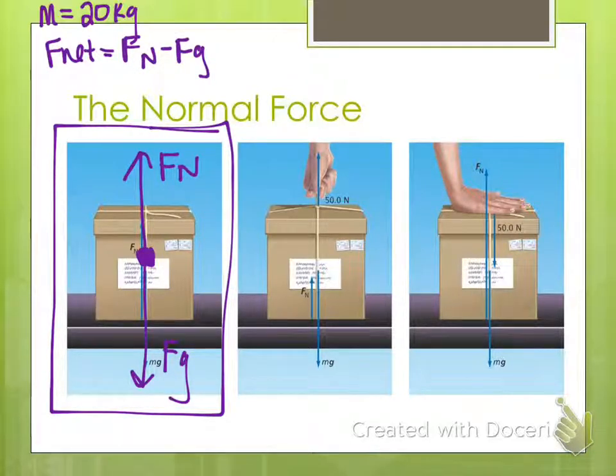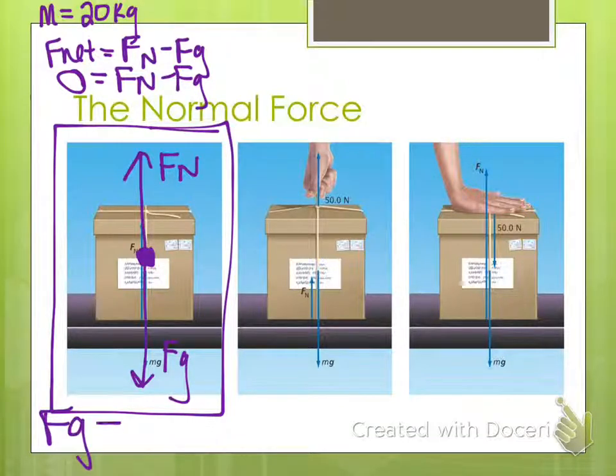Perfect. Is our box accelerating upward? Is it moving at all? No, which means F net is equal to 0. It's not accelerating in the upward direction. So anytime our object is at rest in the vertical direction, we know it's not moving in the vertical direction, net force has to be 0, which means F sub g is equal to F sub n.